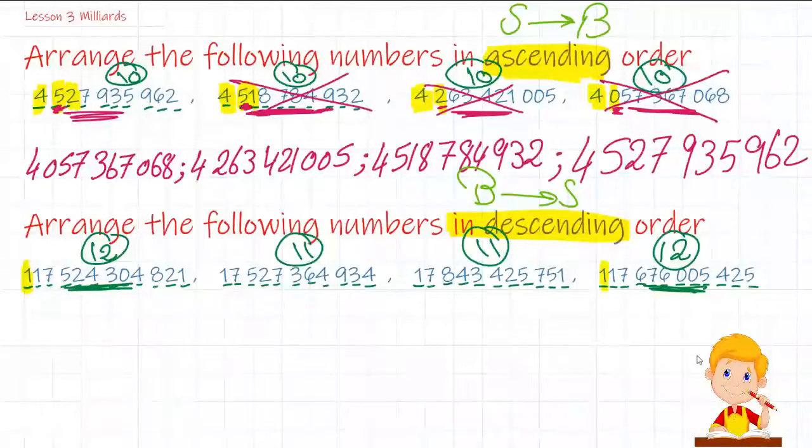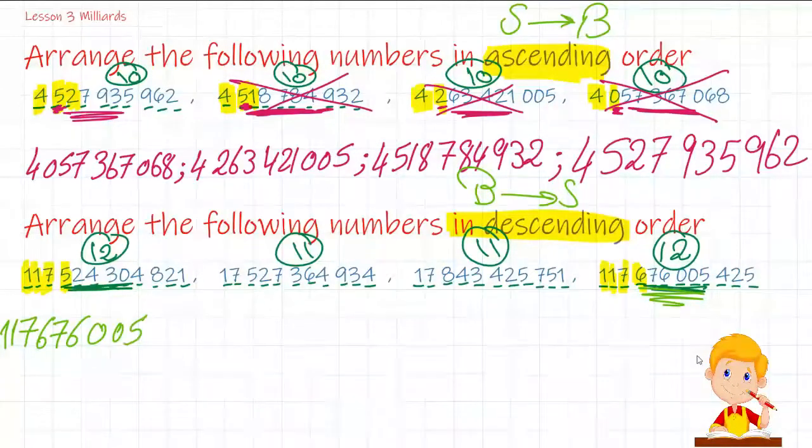1 and 1. 1 and 1. Still the same. 7 and 7. 5 and 6. So, of course, 6 is greater than 5. So, let's start with this number. 117,676,005,425.